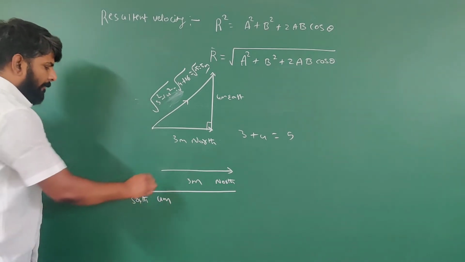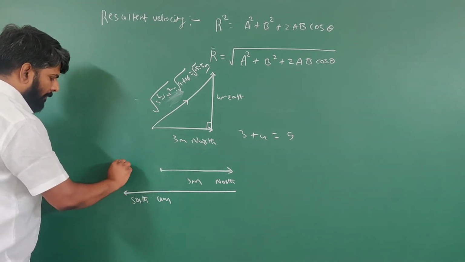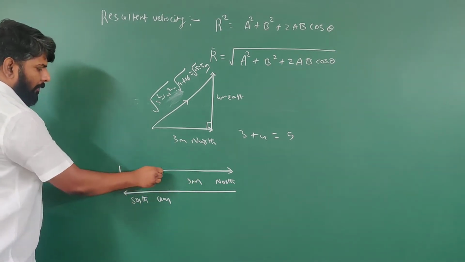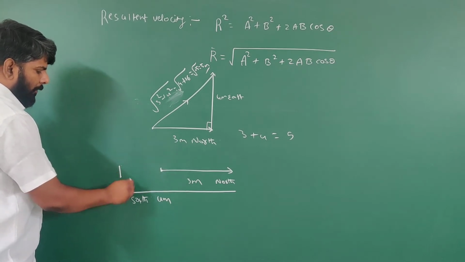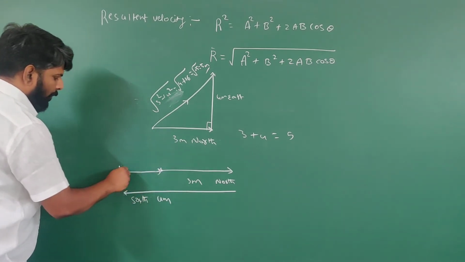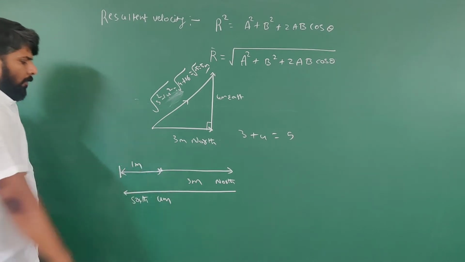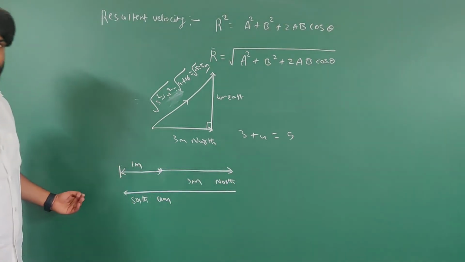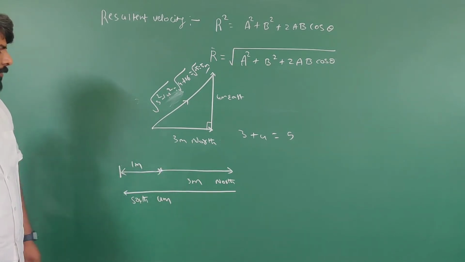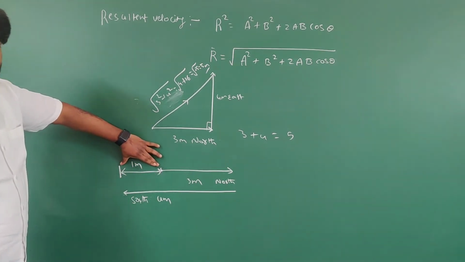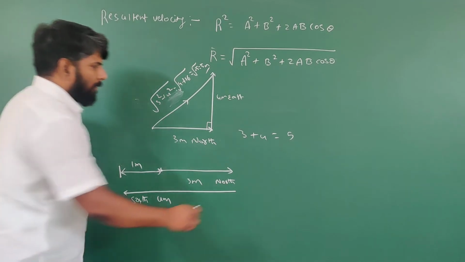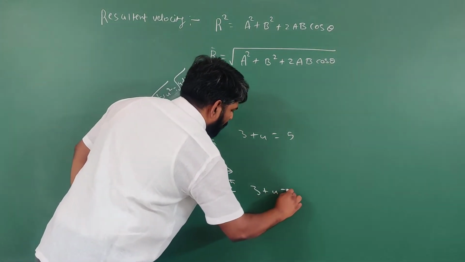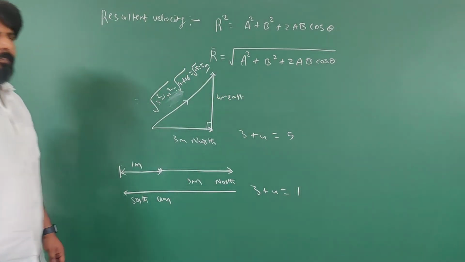The resultant is from the starting point to the ending point. How much is it? Only 1 meter. 3 meters north, 4 meters south. What is the resultant of these two? 1 meter. That means here you got 3 plus 4 is equal to 1.